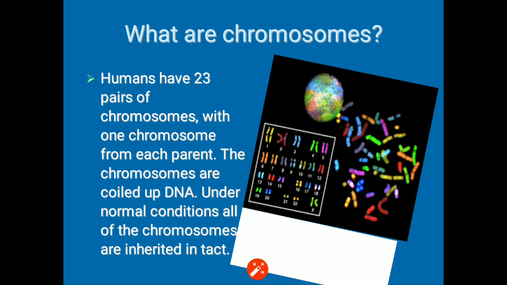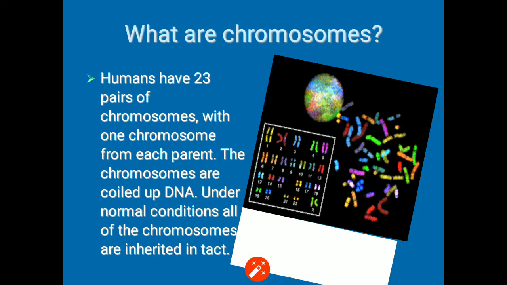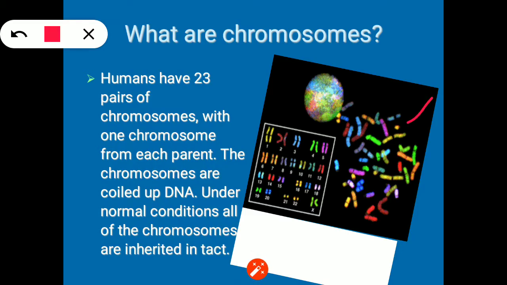In the picture given with the text, you are able to see the colored figure of the chromosomes, and they are showing that a cell has the nucleus and the nucleus has the chromosomes. Now here there is a square box in which you are able to see the pattern of arrangement of the chromosomes, which is termed as karyotype, and this process is termed as karyotyping.